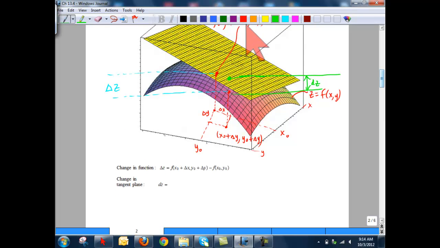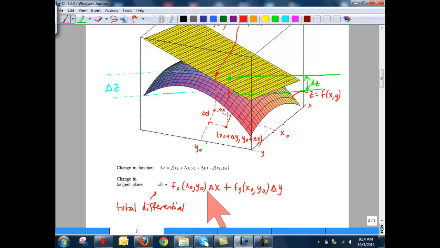And we'll not take the time to do it, but by analogy you can show that the expression for dz, rather, is take the partial of f with respect to x and plug in the original point, multiply by the change in x, and now add, take the partial with respect to y, plug in that original point, and multiply by delta y. This again is called the differential. It's called the total differential, actually.